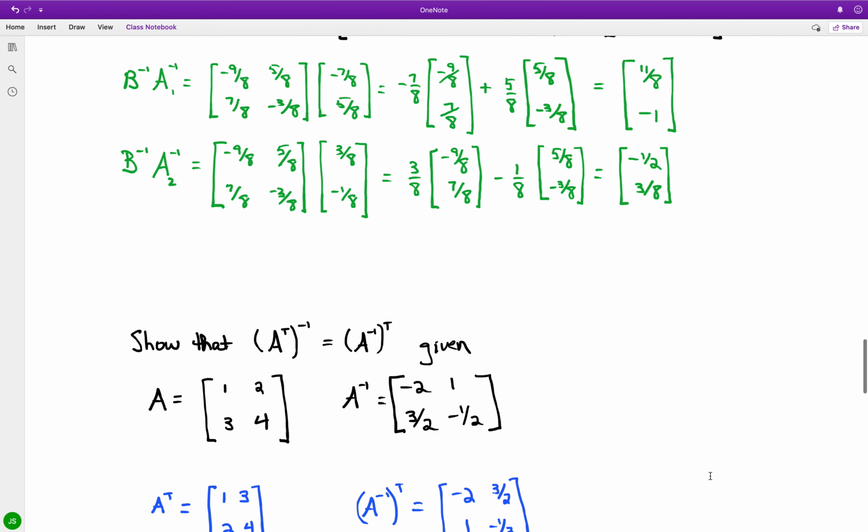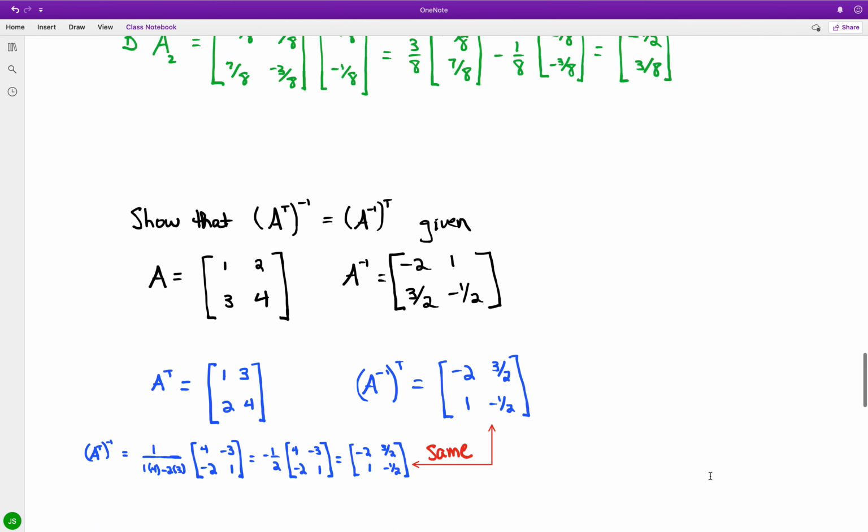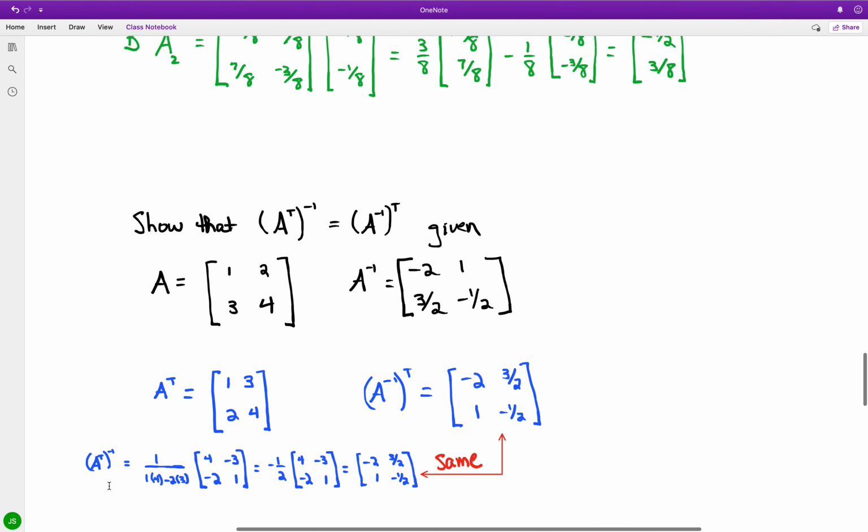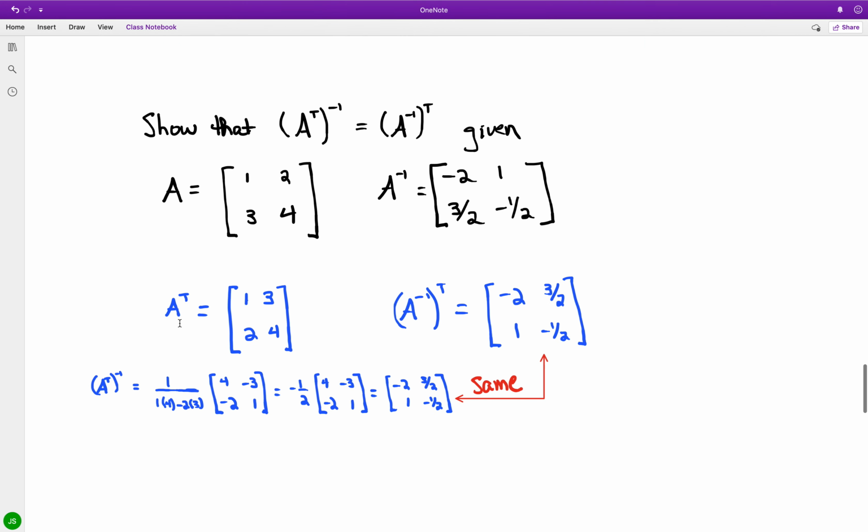Now, in terms of transposing A, the first column becomes the first row, and the second column becomes the second row. So the transpose of A is 1 and 3, 2 and 4. For the inverse of the transpose of A, we work with the diagonals.